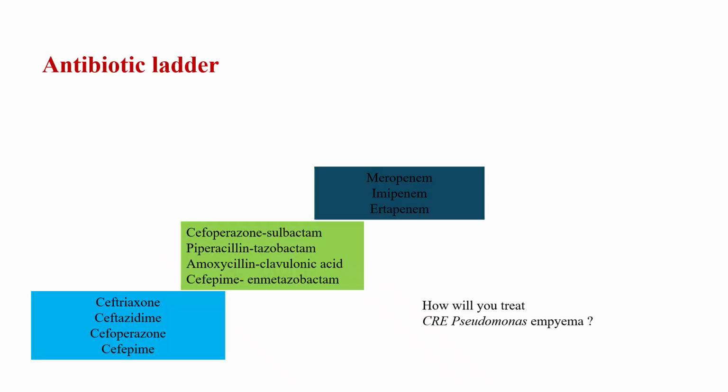So this is the antibiotic ladder which we discussed in the last episode. Just a recap. If your gram-negative bacteria is resistant to third generation cephalosporins, that is ceftriaxone, ceftazidime and cefotaxime, but susceptible to fourth generation cephalosporins like cefepime, then it is an AmpC producer.